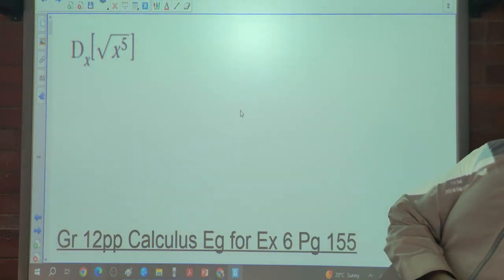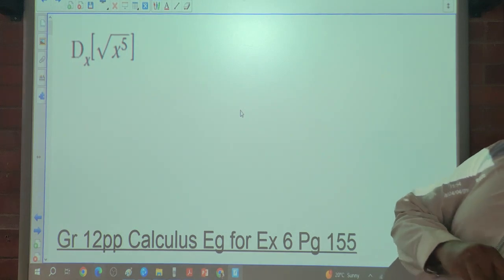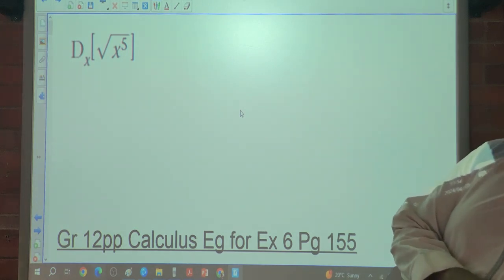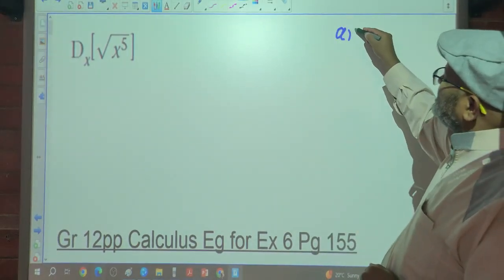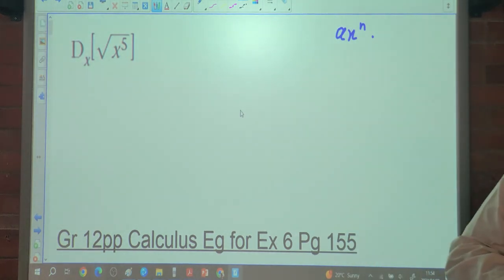Or determine the derivative of the square root of x to the exponent 5. Or take the derivative thereof. People, the question you should be asking yourselves is, is it in the form of ax to the exponent n? No, it's not.